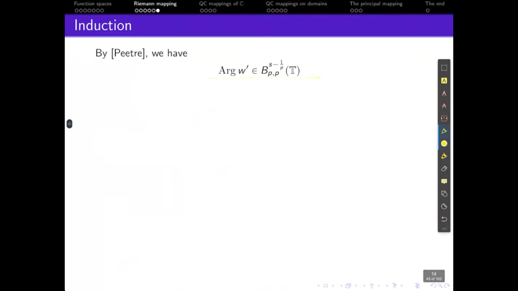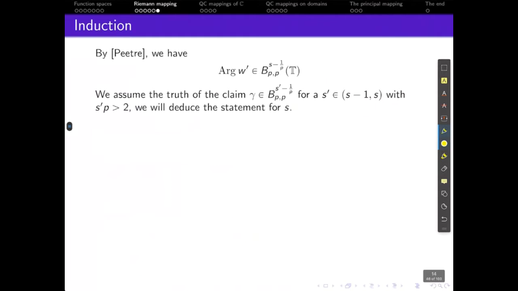Our information is the argument of omega prime is Besov. Now we assume that the claim is true for any value that is smaller than s, and we will assume that s prime is greater than s minus 1. It's enough for our purposes, because then we will need to get some information back. And assume that s prime p is greater than 2.